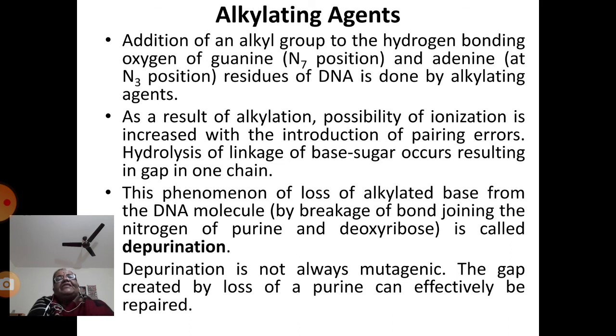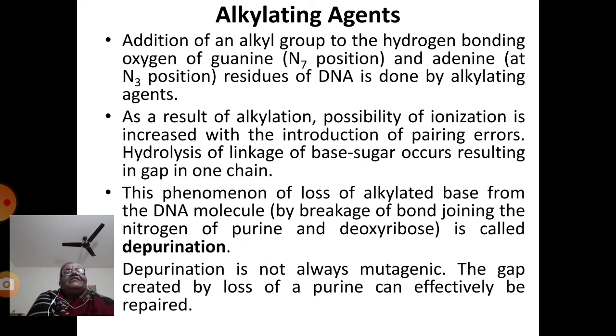So, the next category of chemical mutagens happens to be alkylating agents. Addition of an alkyl group to the hydrogen bonding, oxidation sites of guanine at the N7 position and adenine at the N3 position residues of DNA is done by alkylating agents.